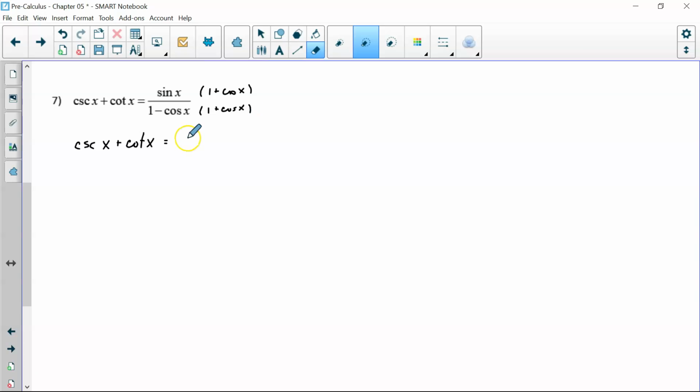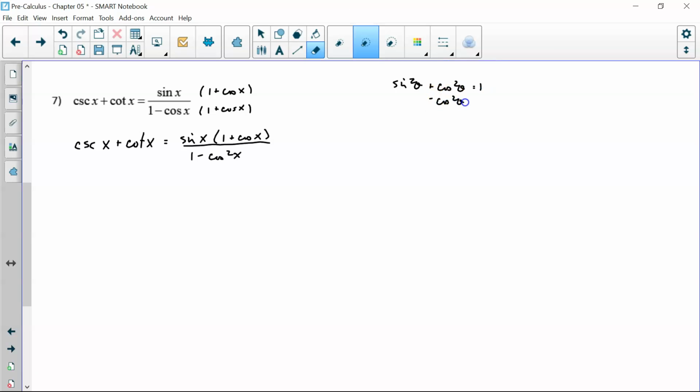So what we're going to get in the numerator, I'm going to keep it as sine of x times 1 plus cosine of x, over, and now 1 minus cosine x times 1 plus cosine of x is 1 minus cosine squared of x. Once again, that should be ringing some alarm bells. Sine squared theta plus cosine squared theta equals 1.